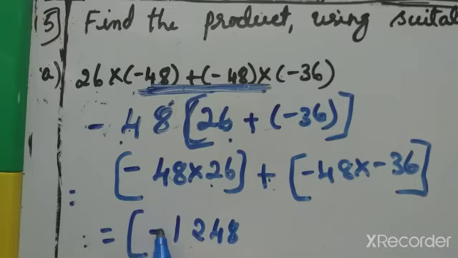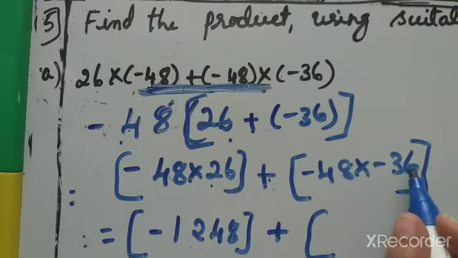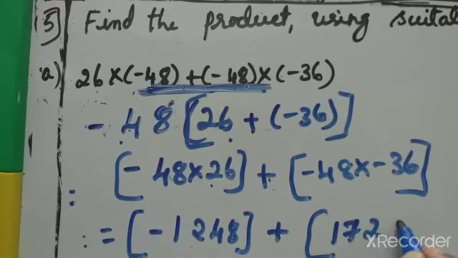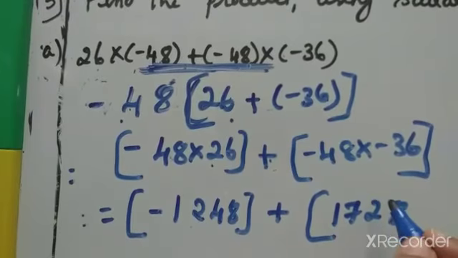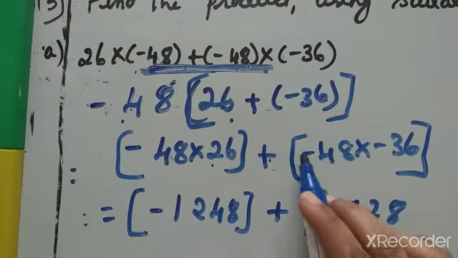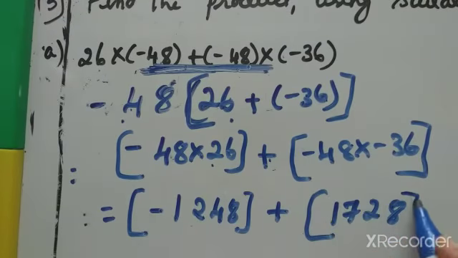Minus into plus is minus. Plus 48 into 36 means answer is 1728. After multiplication, answer is 1728. Minus into minus is plus.